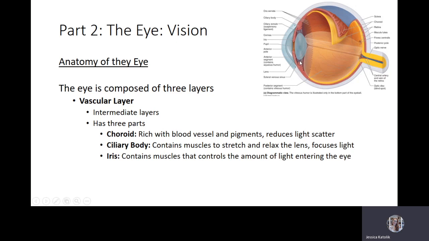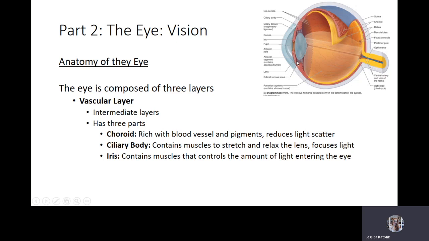These ciliary zonules attach the ciliary body to the lens. The muscles located within the ciliary body play an important role in stretching and relaxing the lens. This helps us to focus light properly onto the retina so that we are able to see a clear image. So the ciliary body helps focus the light by changing the shape of the lens.